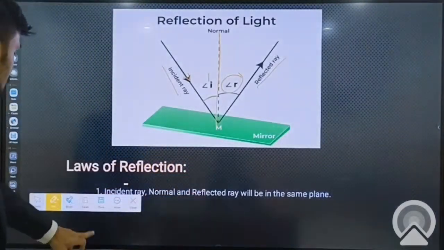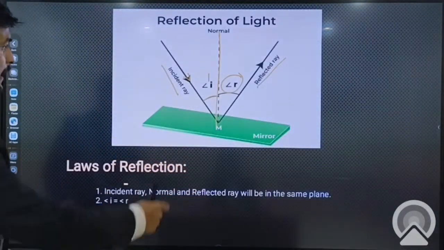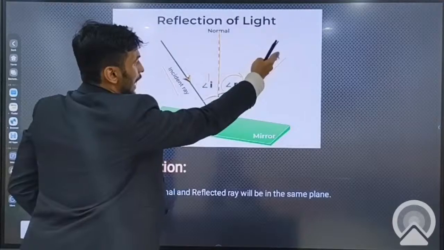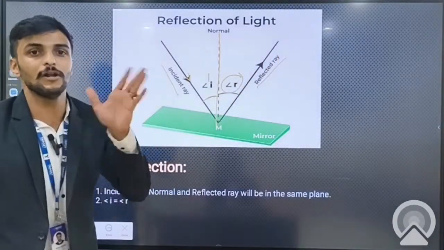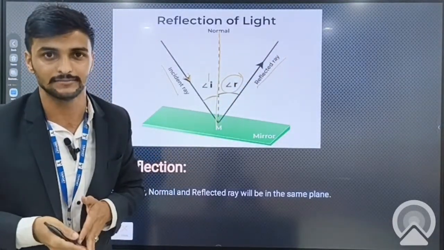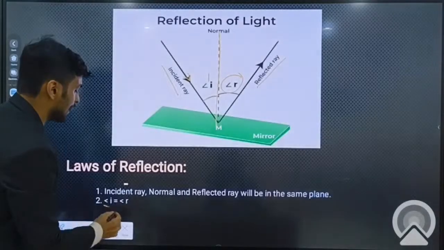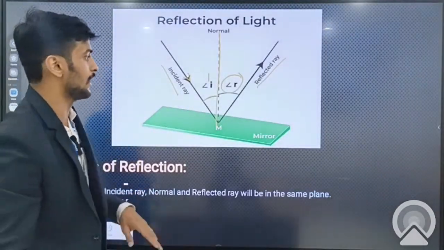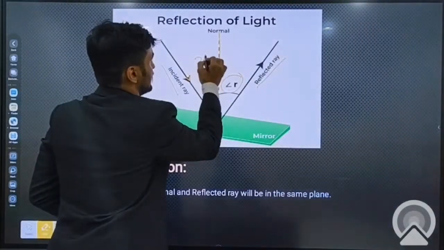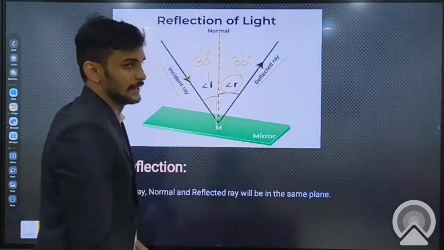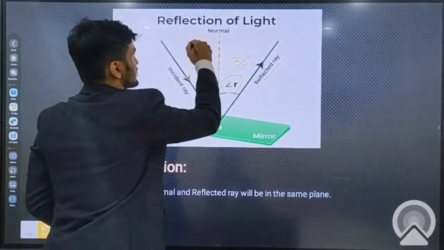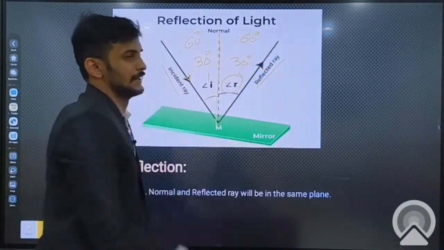The law of reflection says that the incident ray, normal and reflected ray all lie in the same plane. The second one, angle I is equal to angle R. If this is 30 degrees, then this will be 30 degrees. If this is 60 degrees, then this will be 60 degrees.